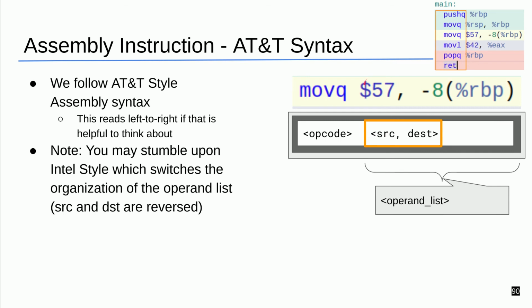So I'm going to move this value 57 into a destination, wherever this memory address is. In assembly, we're thinking about moving values, like the number 57, into a memory address. There are other styles, but this order is important. It's always source to destination in AT&T style. Intel actually flips it around.